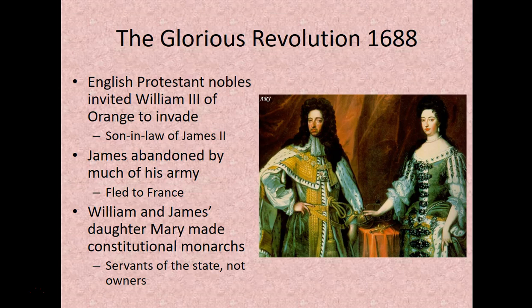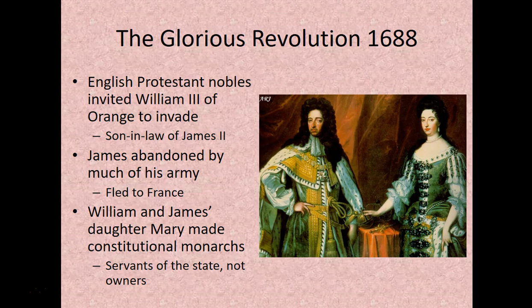But they're not just going to be any of the regular types of kings and queens that we've seen so far. Parliament then has them become constitutional monarchs, meaning that they are not the owners of the states, as many of the kings and queens had kind of seen themselves before. Instead, they were the first servants of the states, right? They should be acting always on behalf of the state, and they are always obliged to do what the state sees fit, and is what is best for the state, not the best for them.